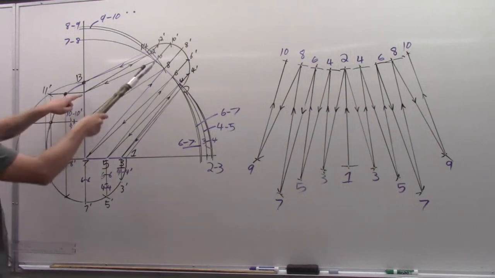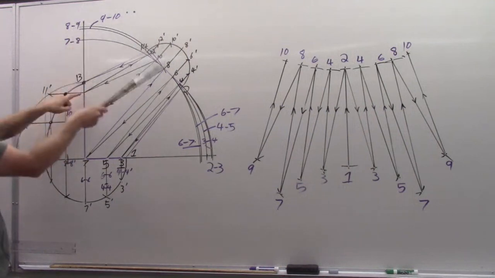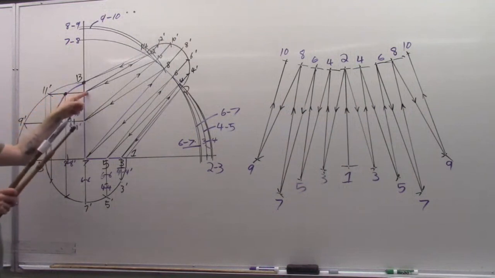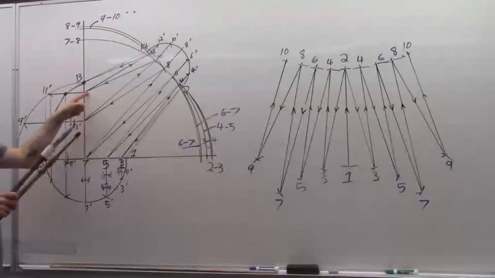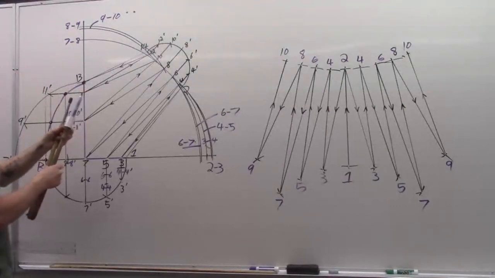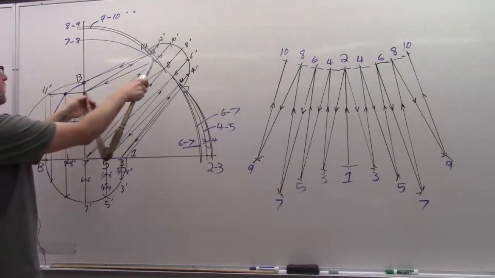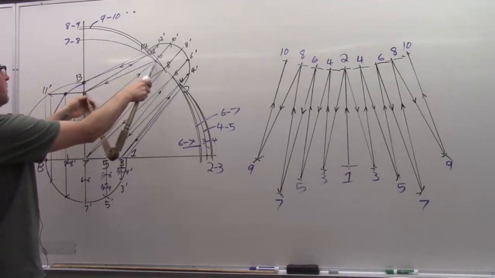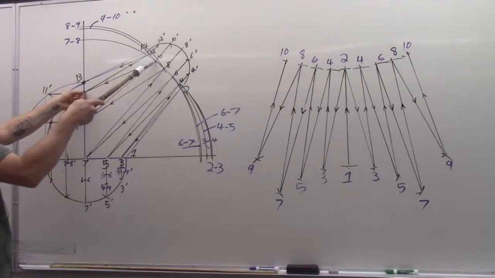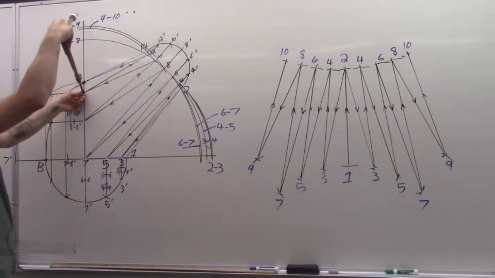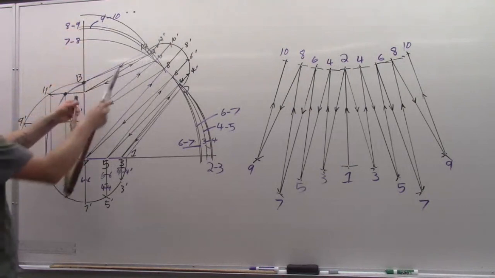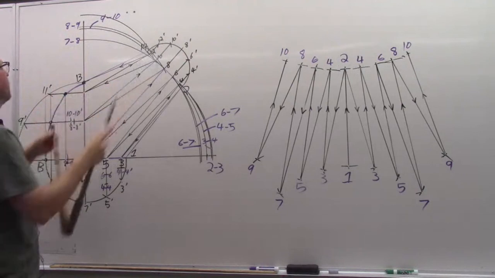So I'll swing 11 to 10 up, and I'll bring 10 over to here. It's probably going to go past just a tiny bit, and that's okay. It's that little bit it goes past that we're going to triangulate.